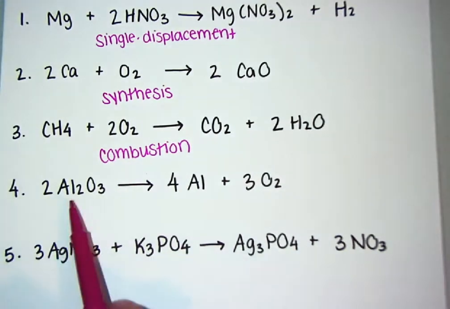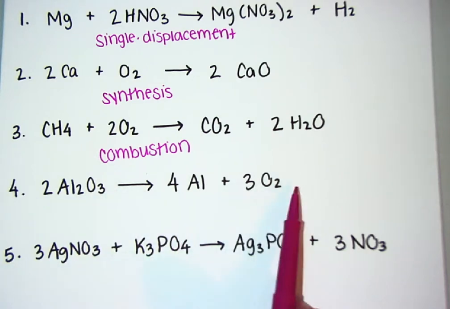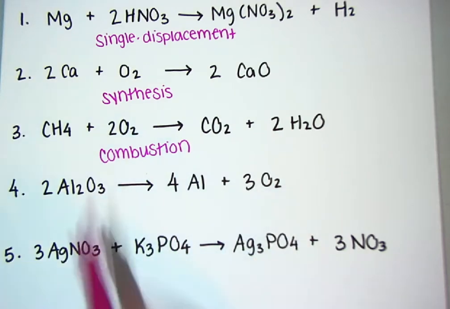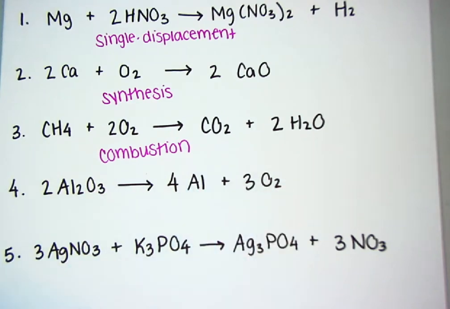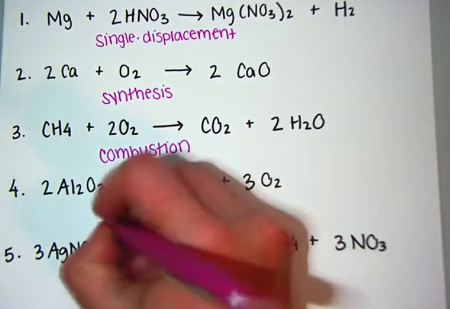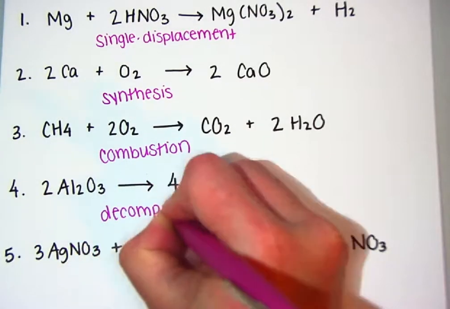Number 4, aluminum oxide breaking down into aluminum plus oxygen. One compound that breaks down into 2 or more products. If it's breaking down, it's decomposition.